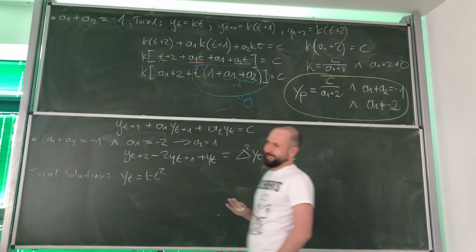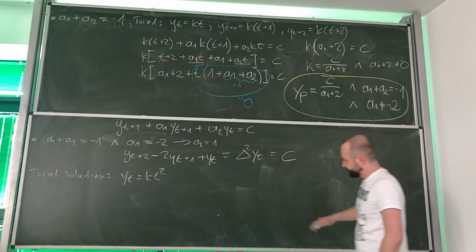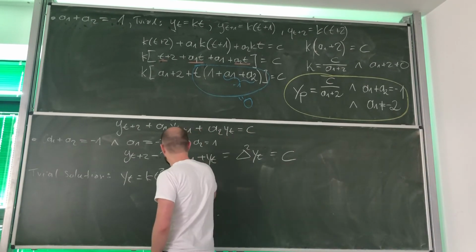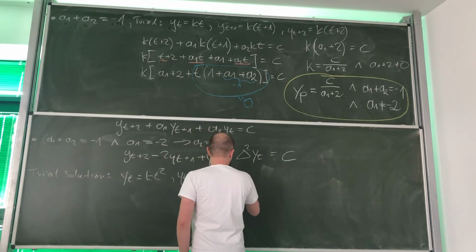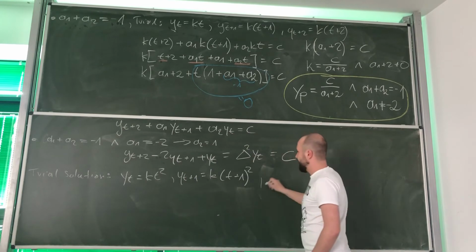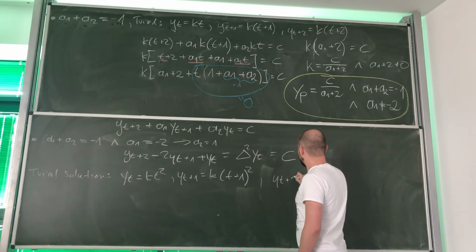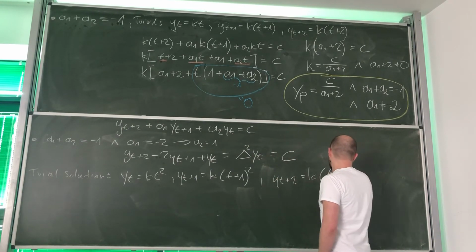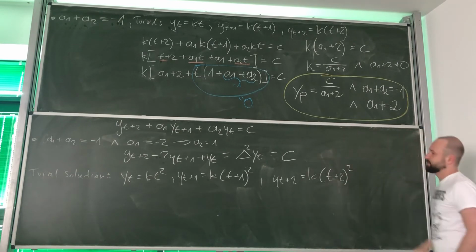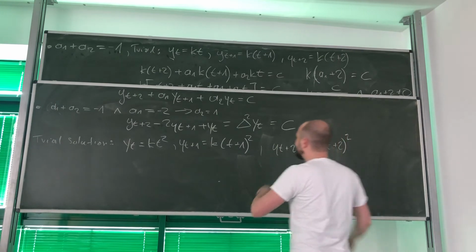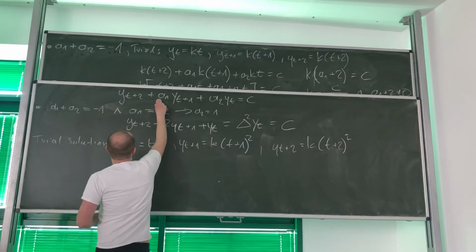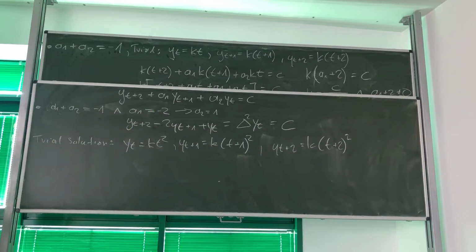However, this complicates things a little because now we've got y_{t+1} that is equal to k(t+1) squared, and y_{t+2} is equal to k(t+2) squared. Okay, let's now substitute those into our equation.